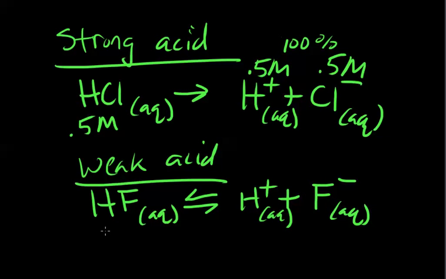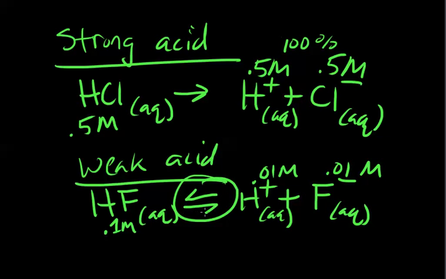If you started off with a 0.1 molar solution of this, you might end up with 0.01 molar hydrogen ions and 0.01 molar fluoride ions. So about 1% of it will ionize. And if you'll notice, this has the arrow pointing both ways for the reaction. So this does not completely ionize like the strong acids, where the arrow is only pointed in one direction.